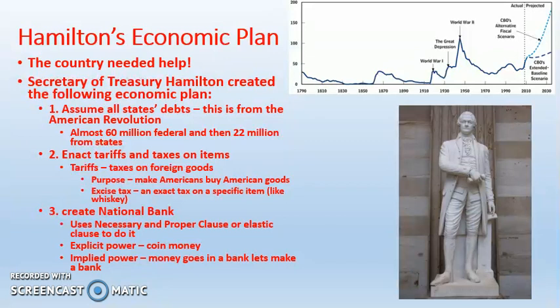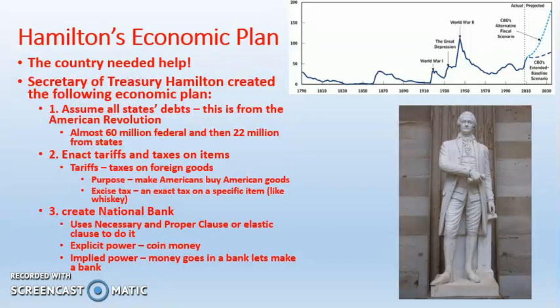Then he wants to create a bank. And why he creates the bank is he says it is necessary and proper to carry out the economy. Okay. And remember, this necessary and proper clause is one of our clauses of our U.S. Constitution. It's in there. And it's an implied power. And how you get implied powers is you use a power that's explicit, that's actually written.